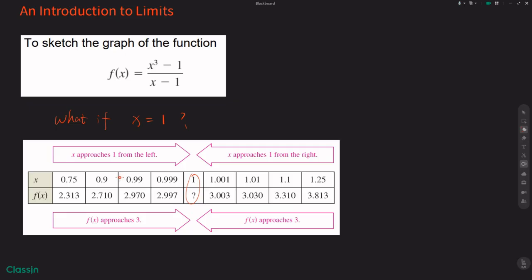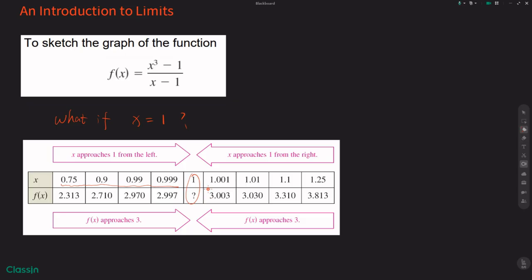But we do notice, as we're taking the value of x closer to 1 from either side, let's say, start from 0.75, then go to 0.9, 0.99, 0.999. Or it can also go to the other side. So let's say start from something a little bit bigger than 1, starting from 1.25 all the way to however close you want it to be to 1, but it's always going to be a little bit greater.